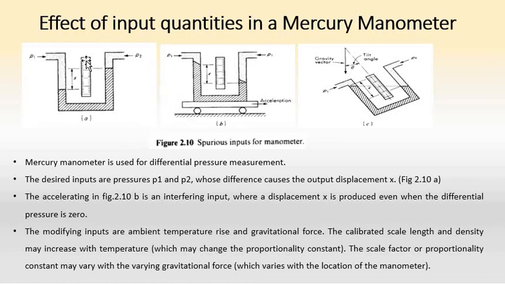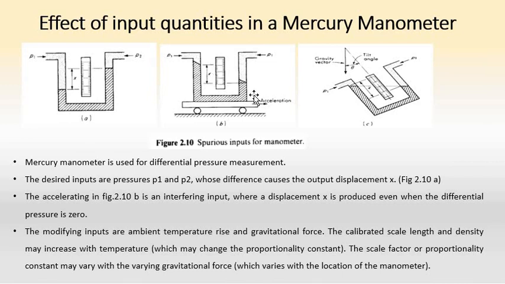Let us keep this mercury manometer on a wheel as shown in figure B, and we move this vehicle so that acceleration happens. Due to this acceleration, the level of mercury inside the manometer varies, and the calibration scale will denote a measurement, which is an error.